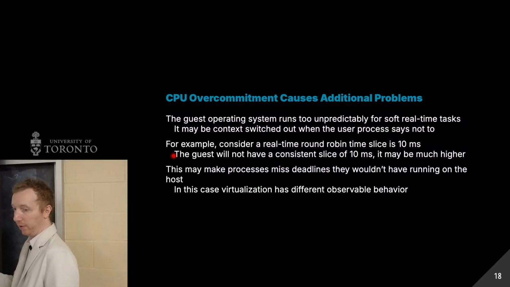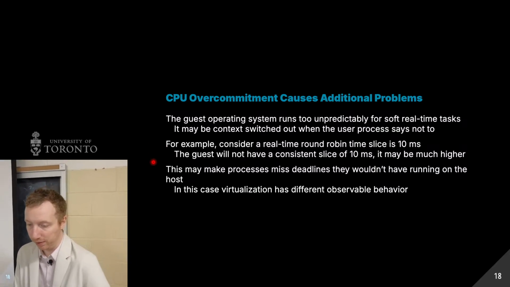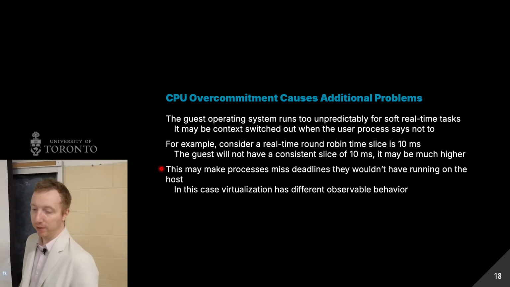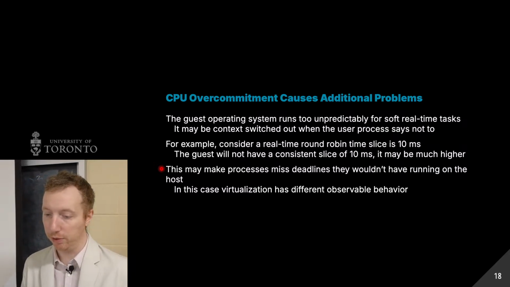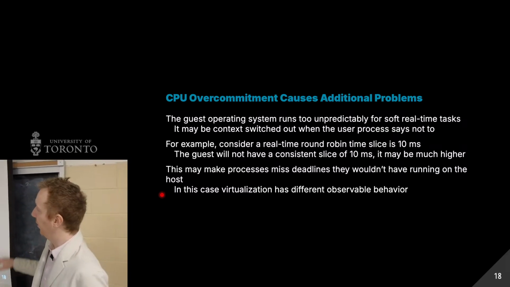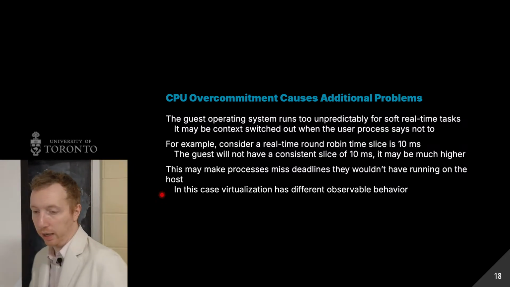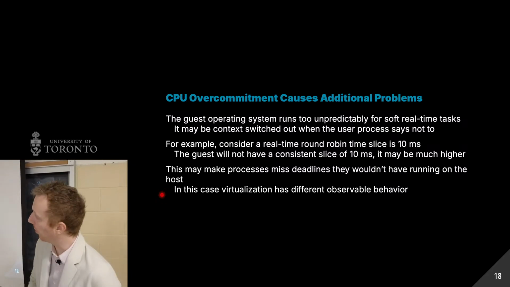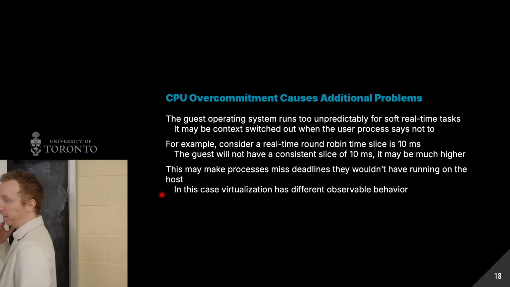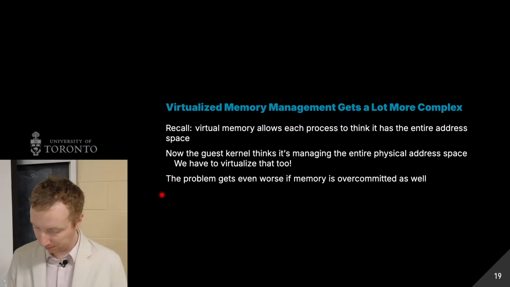It might be higher if it gets context switched out between or while it's in the middle of a time slice. So this might make processes miss deadlines they otherwise wouldn't have if they were actually running on the physical hardware. So this is the only weird special case where virtualization has a different observable behavior, and this is only really for performance-sensitive tasks. For running your test cases or your labs or whatever, it doesn't really matter too much.